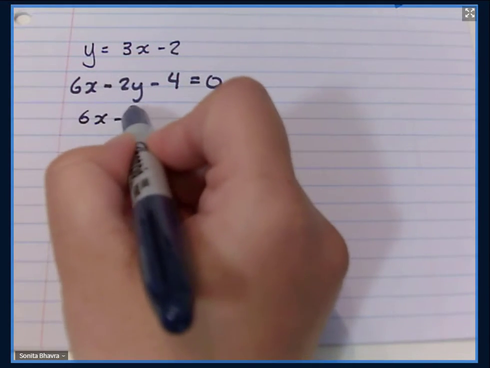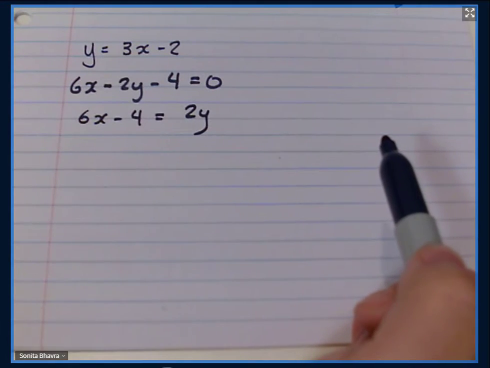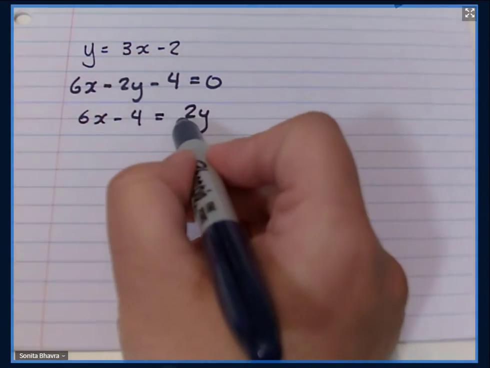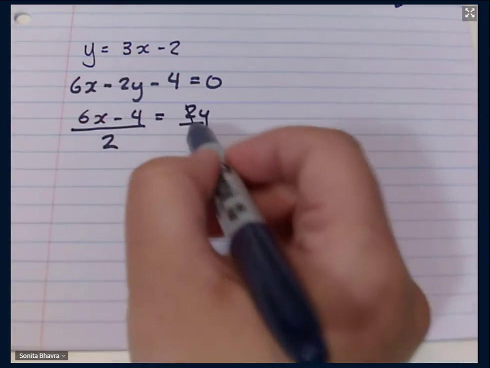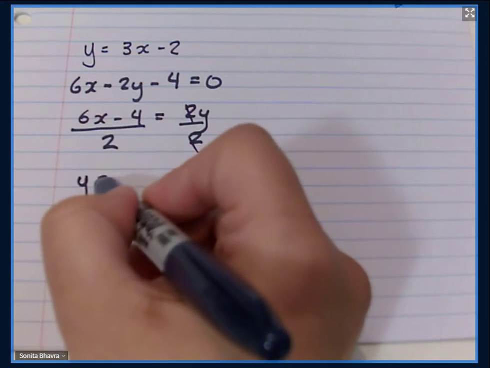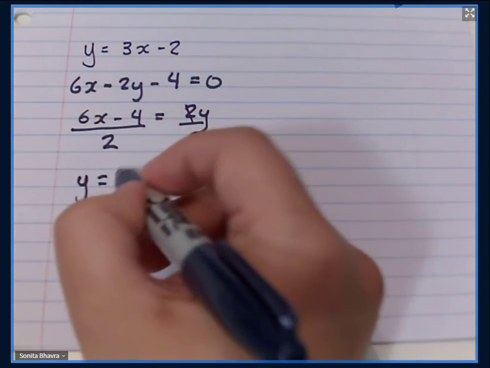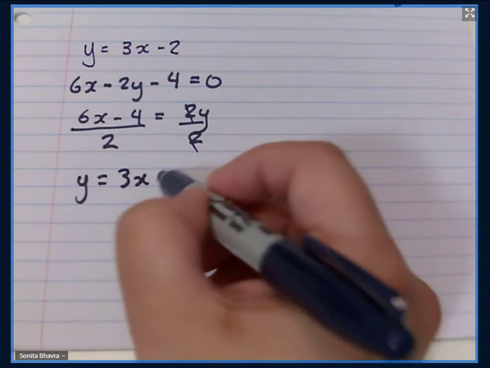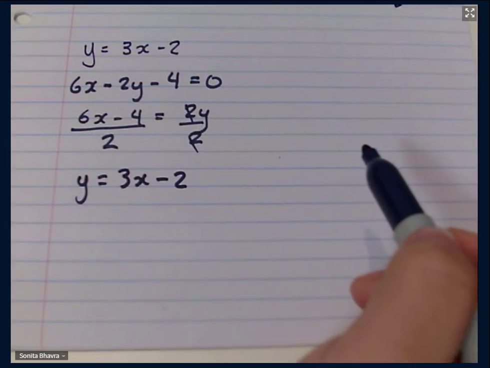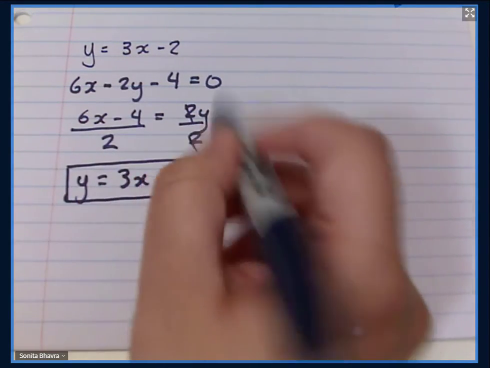So we're left with 6x minus 4 equals 2y. Then, to put it into y equals mx plus b form, all we have to do is divide both sides by 2. All right, and that gives me y equals 6x divided by 2, which is 3x, and then negative 4 divided by 2, which is negative 2. All right, so now we can see that both lines are the exact same.